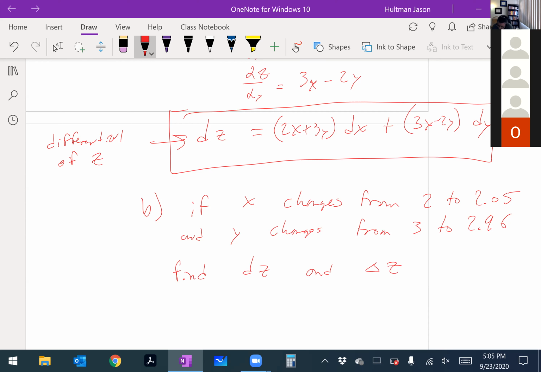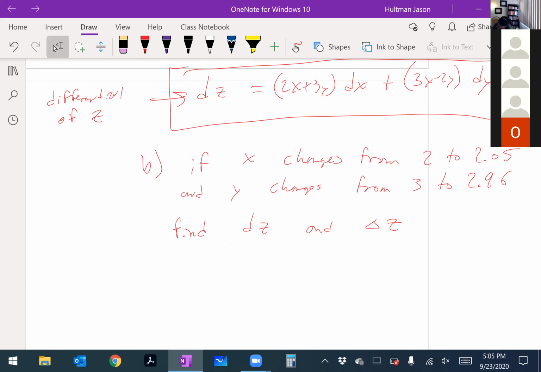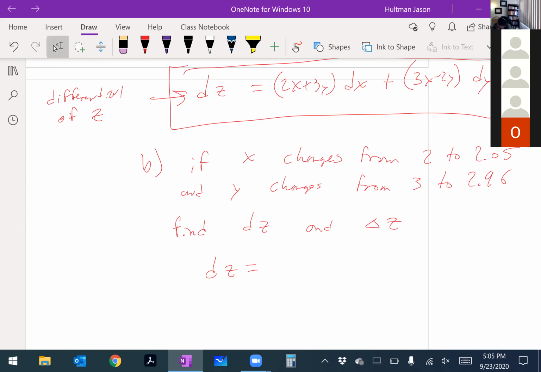So what's dz going to be? Well, we just calculated that out. dz is equal to 2x, so 2 times, think of this as xy as 2, 3, right? And then we're changing from 2, 3, we're going to 2.05, 2.96.